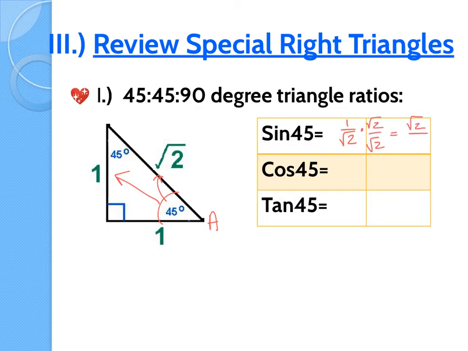So it becomes the square root of 2 over 2. For cosine, I'm going to do adjacent compared to the hypotenuse. So it's going to be the same thing, 1 over the square root of 2, which is going to rationalize to root 2 over 2. And then tangent is opposite over adjacent. So that's just 1.